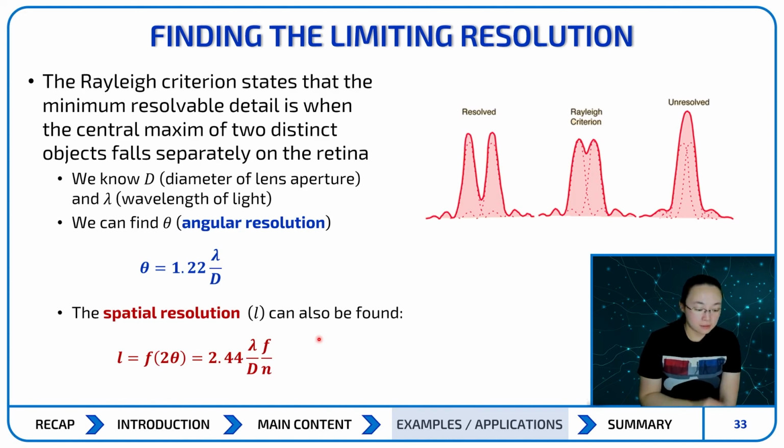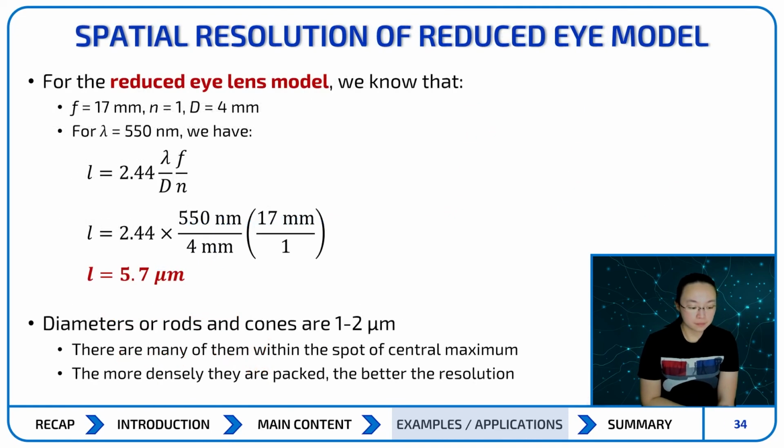So last but not least, now that we have these two equations, we should probably apply it to the eye. So when we're taking a look at the spatial resolution of our eyes, let's try and make our lives simpler. We'll use the reduced eye model and we'll apply these equations. So with the reduced eye lens model, we already know that F is 17 millimeters, the focal point.